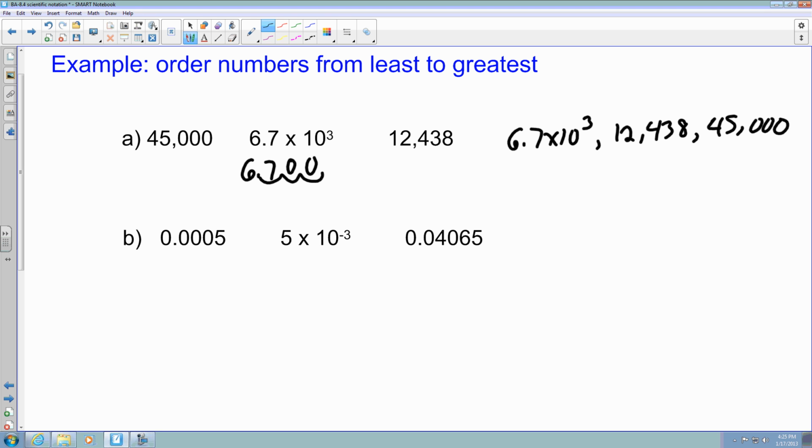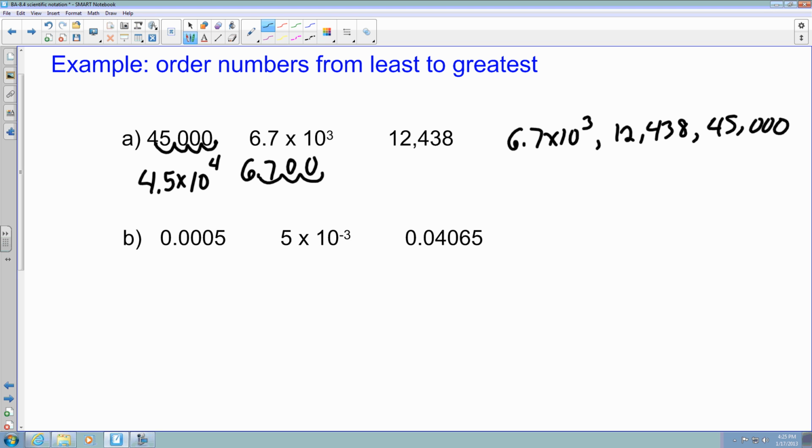If you wanted to put these in scientific notation, you could go, that 45,000 decimal point was right there, and then you can go 1, 2, 3, 4. So then I go 4.5 times 10 to the fourth power.